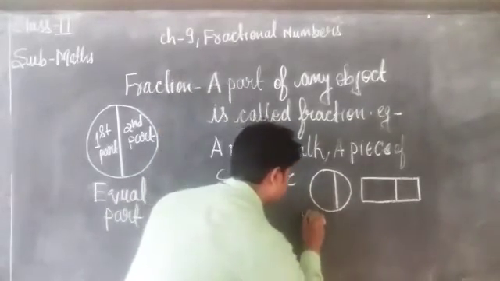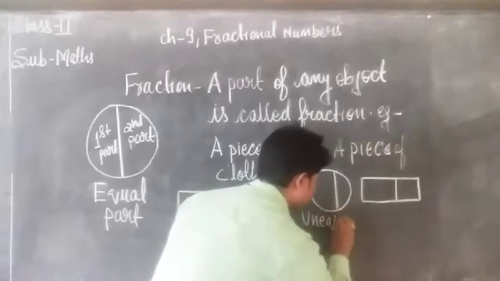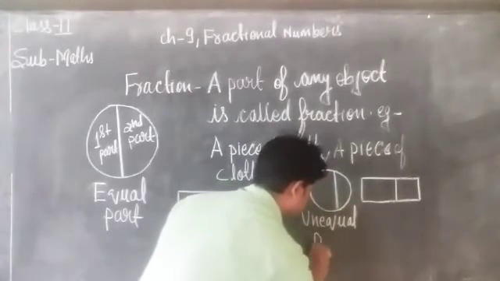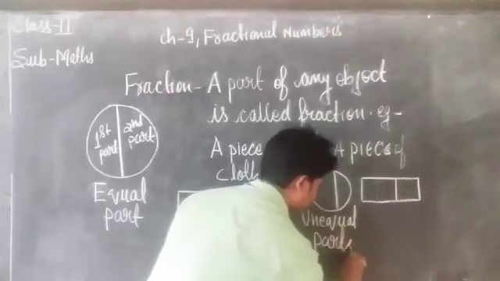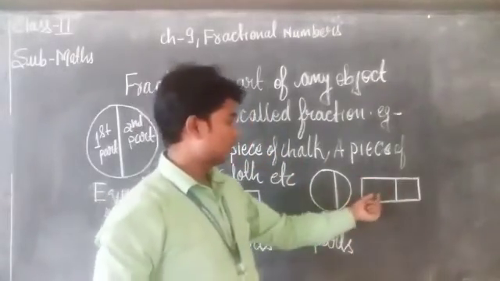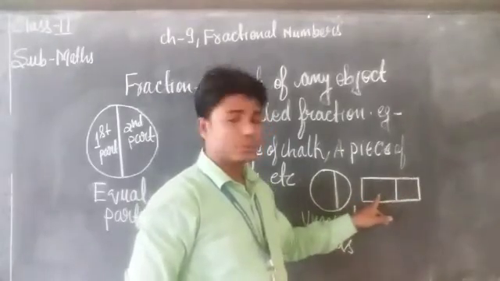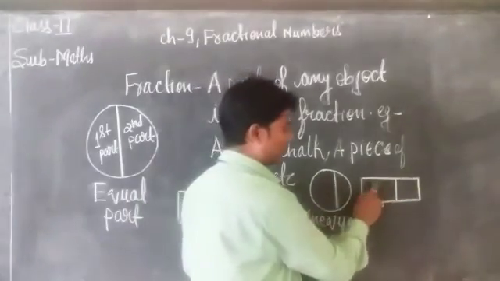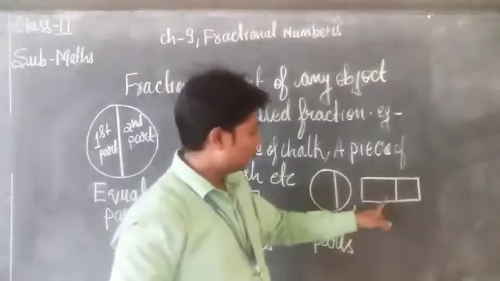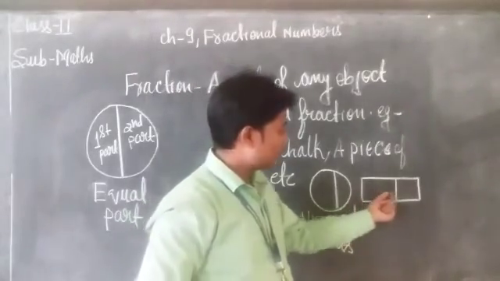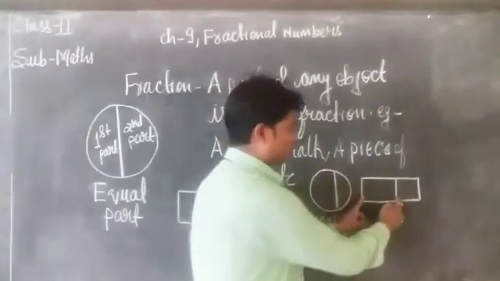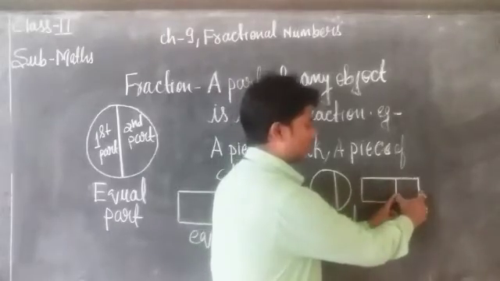So what do we have to write? Unequal parts. Now the second one, see also. I have divided this rectangle into two parts. This is the first part and this is the second part. Both parts are not the same in size. The first part is bigger than the second part.